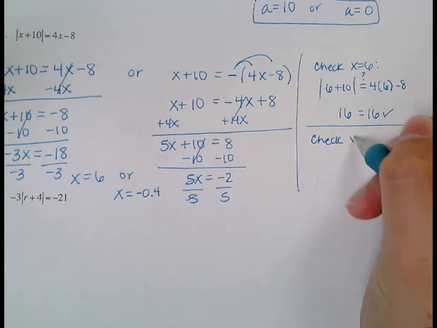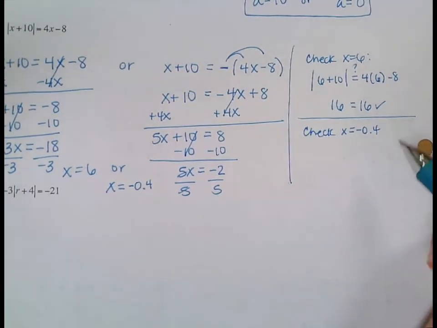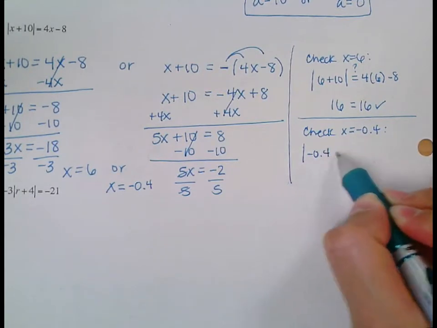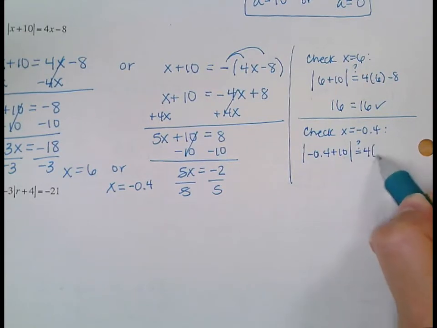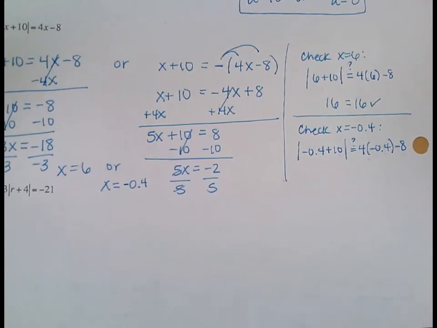So then if I check x equals negative 0.4, I'd have the absolute value of negative 0.4 plus 10. Does that equal 4 times negative 0.4 minus 8? Make sure the two sides equal each other, and if they don't, then it's not a solution. So negative 0.4 plus 10 is 9.6.